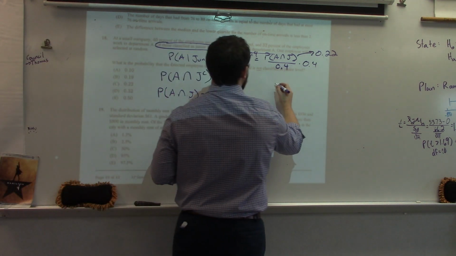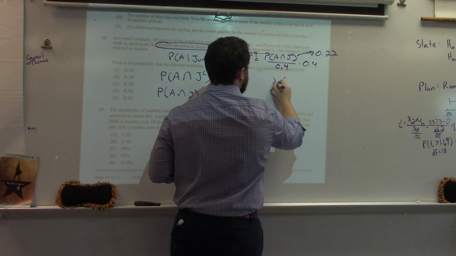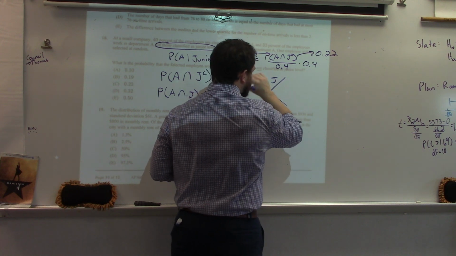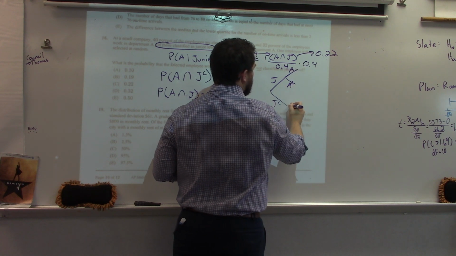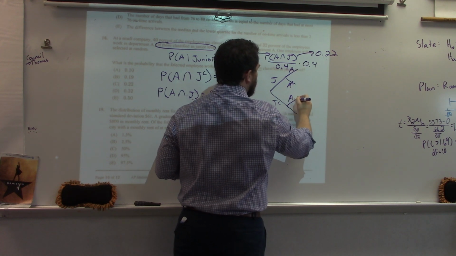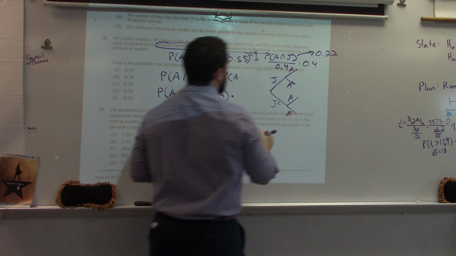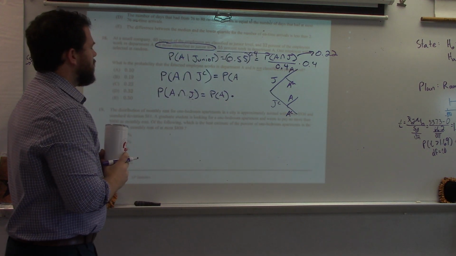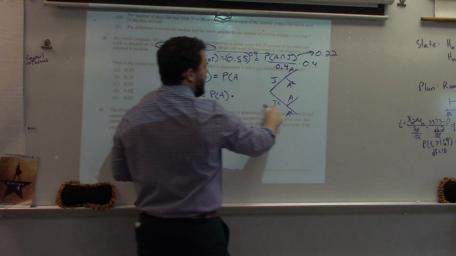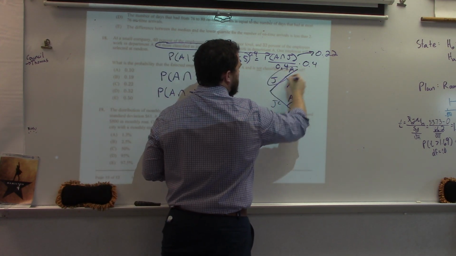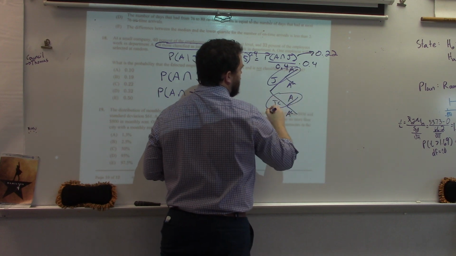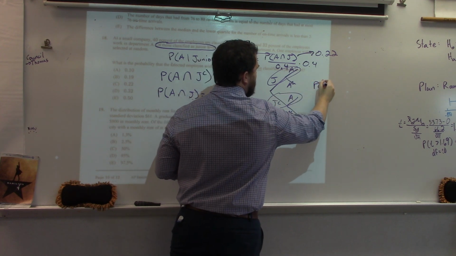But we have junior and not junior. We have A and not A. And what do we want? So not junior and A. And so I multiply here and multiply here. That's the probability.